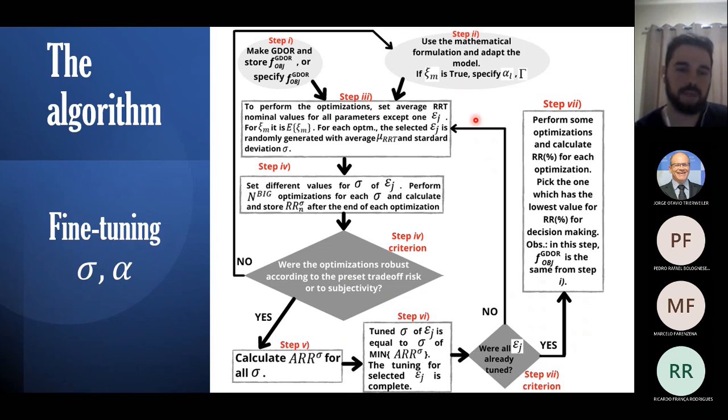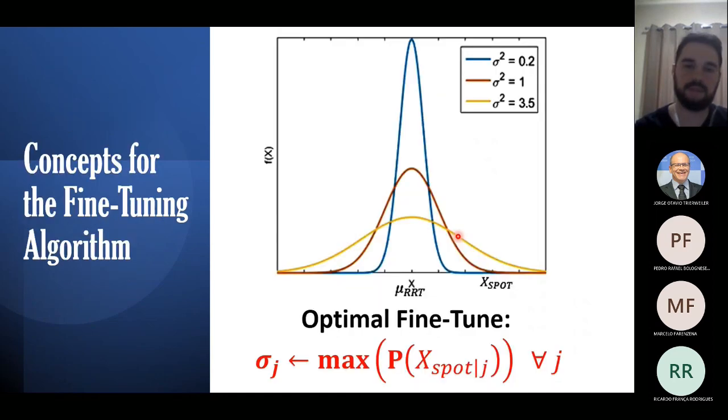Okay, if yes, you are going to calculate your average relative regret for all your standard deviations, and your tuned sigma of your fine-tuning normal uncertainty is equal to the sigma that minimizes the average relative regret here. It is the same as this thing here, the same thing.